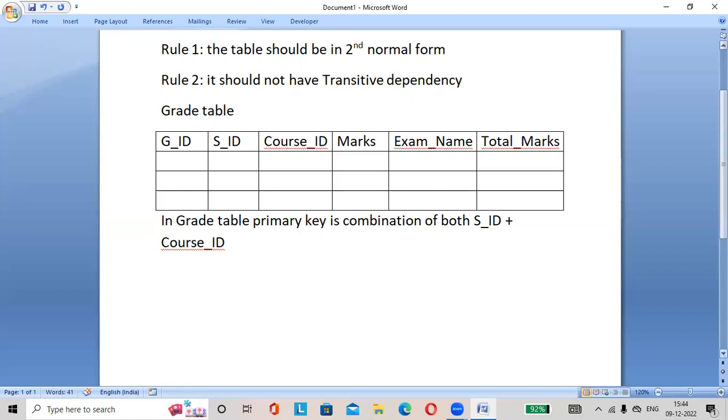For different branches, different course structures, different practical exams, different theory exams, and different internal exams will be there. Yes or no? Anyone from a BTech background?